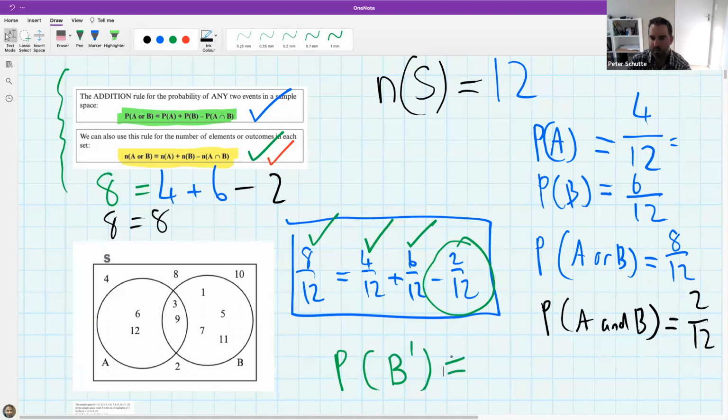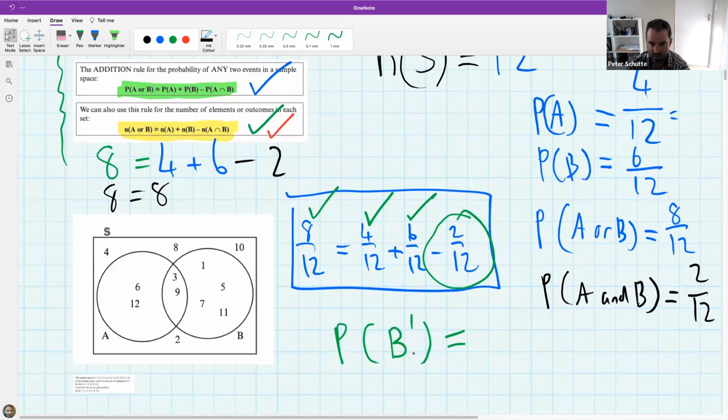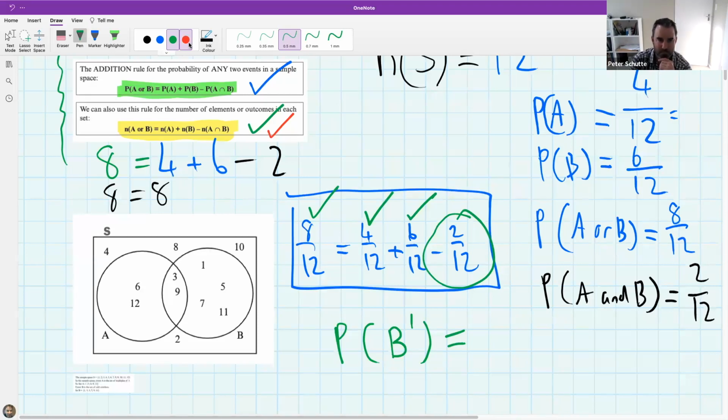Can somebody tell me what that even means? If I say to you, find me the probability of being in B's complement, or find me the probability of not being in B, can anybody tell me what they think goes into the fraction? What's the bottom of the fraction going to be for this?